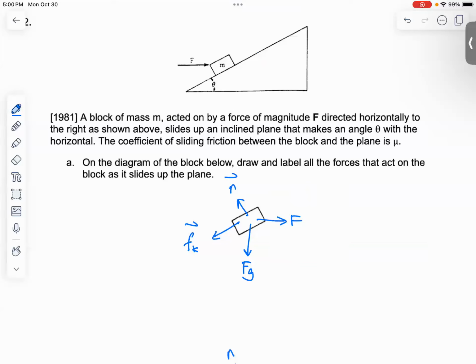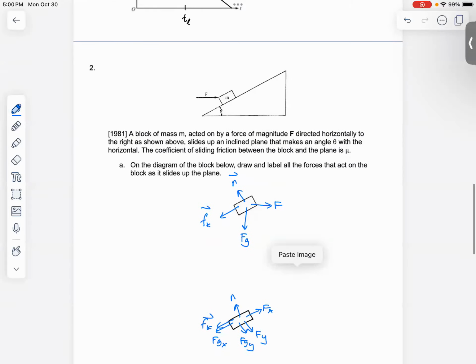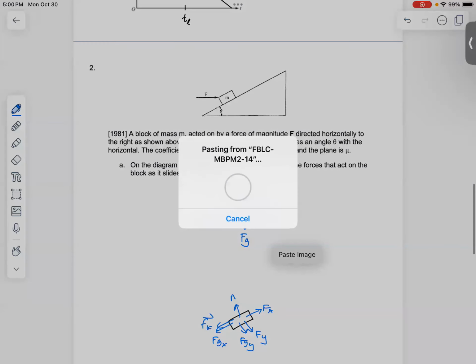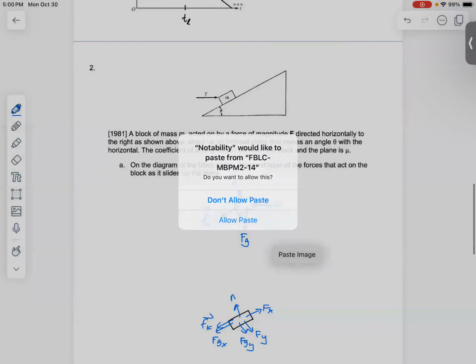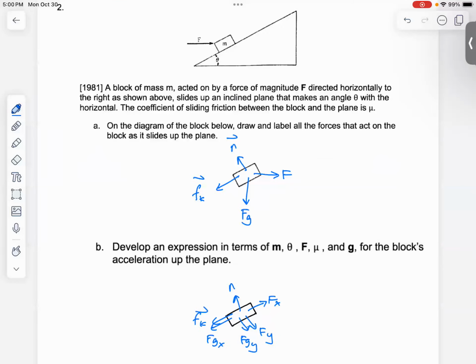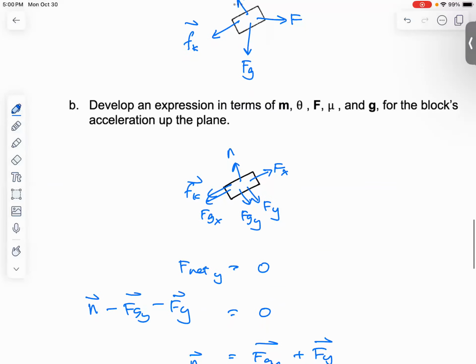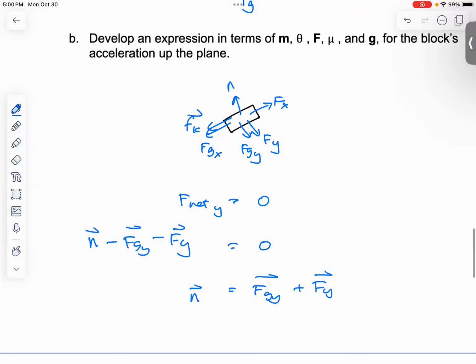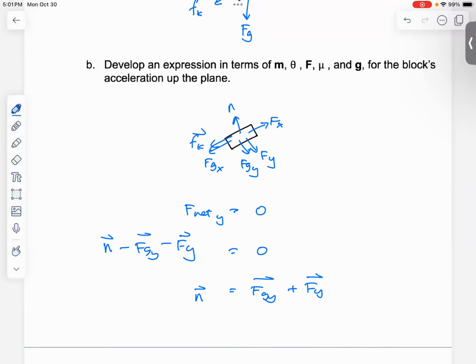Develop an expression for the acceleration. Somehow it jumped ahead, but that diagram would still be helpful for us. All right, develop an expression in terms of m, theta, F, mu, g for the block's acceleration up the plane.